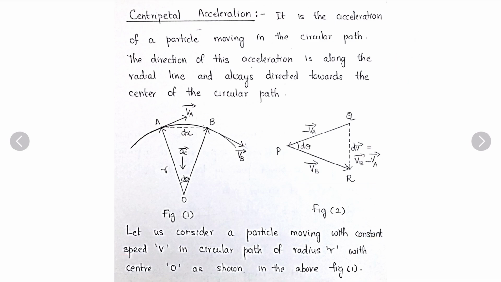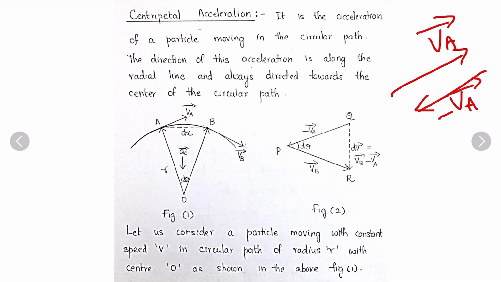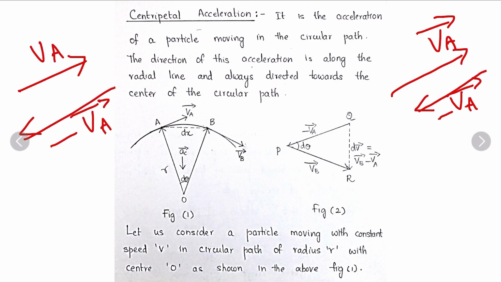So now if you take VA in this direction, and we know from vectors that minus VA will be in the opposite direction. This is minus VA bar. If your VA is in this direction, minus VA will have the same magnitude but in the opposite direction.